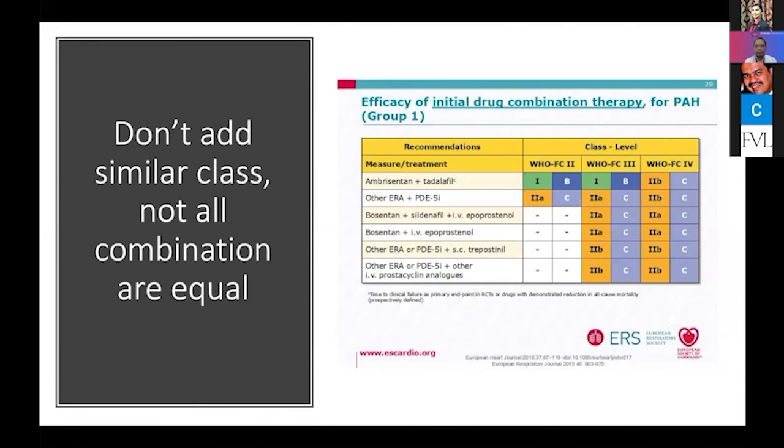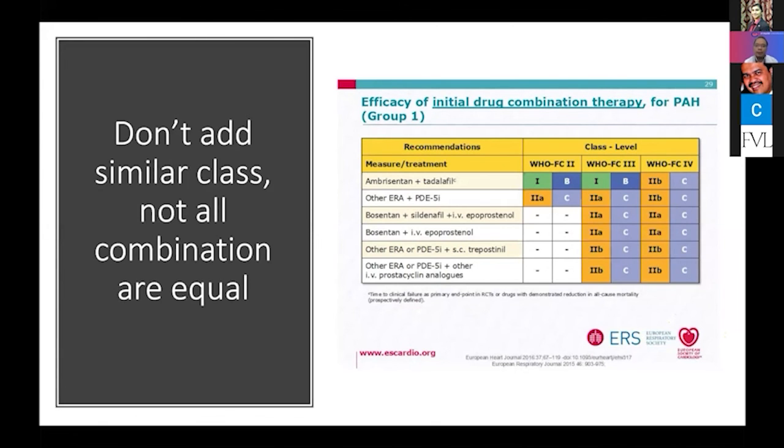When you treat patients, also be careful not to add a similar class. Don't add two phosphodiesterase 5 inhibitors. Don't add tadalafil and also Viagra together, because that would potentiate side effects rather than a good effect for the patient. And not all combinations are equal.